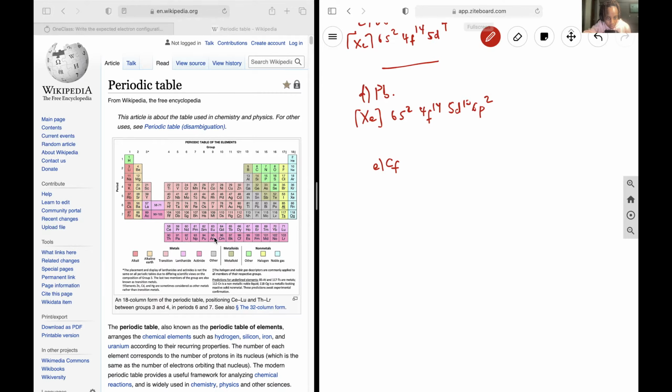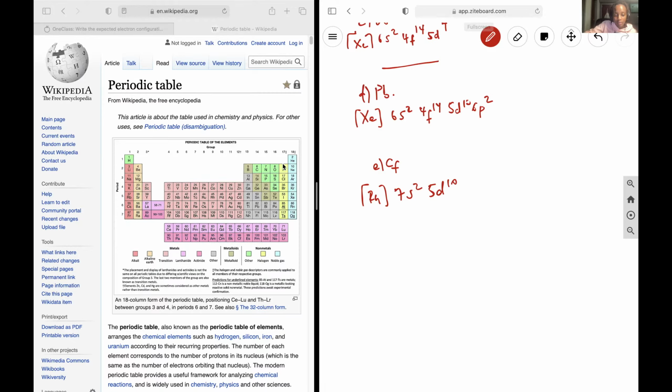2, 4, 6, 8, 9. So 1, 2, 3, 4, 5, 6, 7, 8, 9, 10. So 5f10. And so again, find the closest noble gas, that's going to be Rn. And then we're going to have 7s2, drop the number down by 2, 5f10.